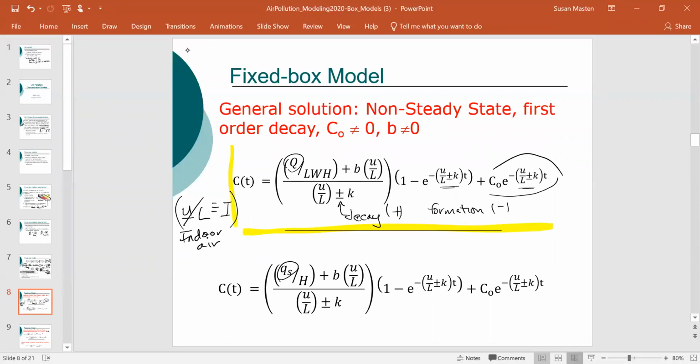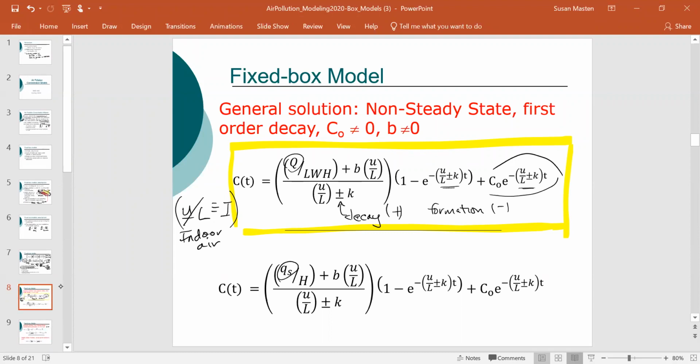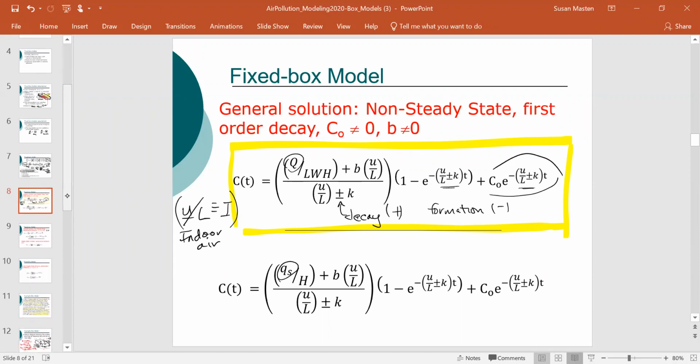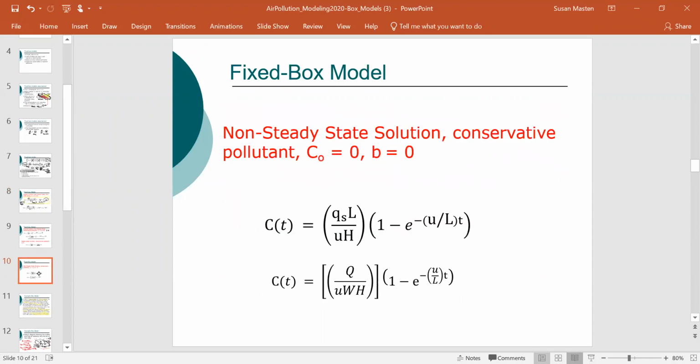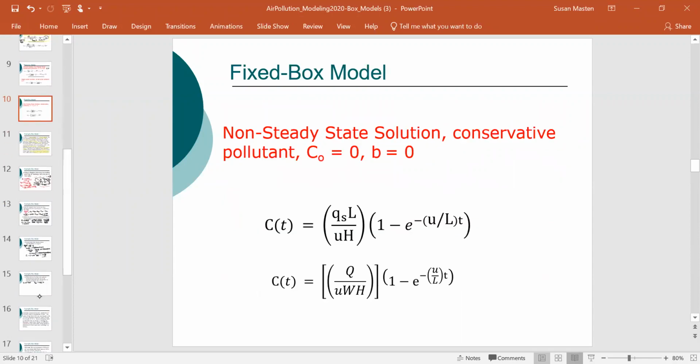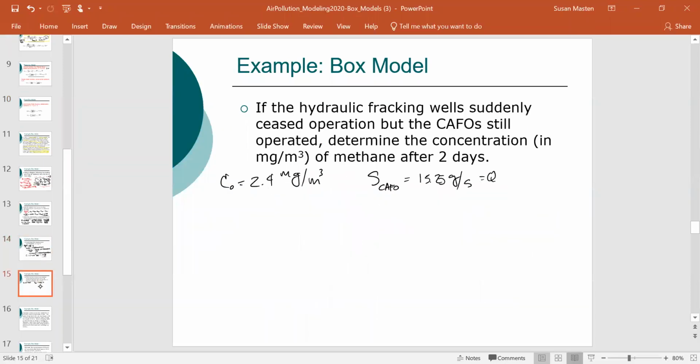This is now the equation that we will need to use. So we go back. Here. Okay, so what we want to know is what is the concentration we're looking at.